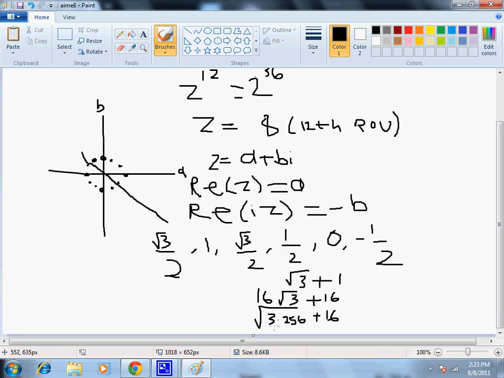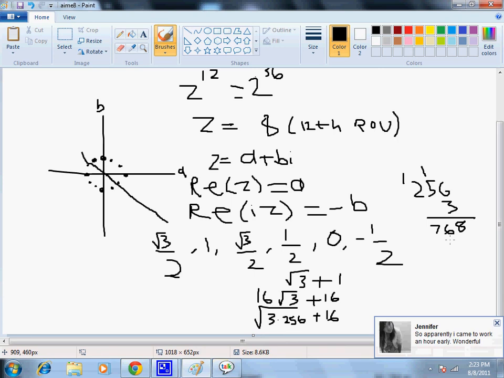And so 3 times 256 is, hold on, 768, and if we add the 16, it becomes 784, which is the answer.